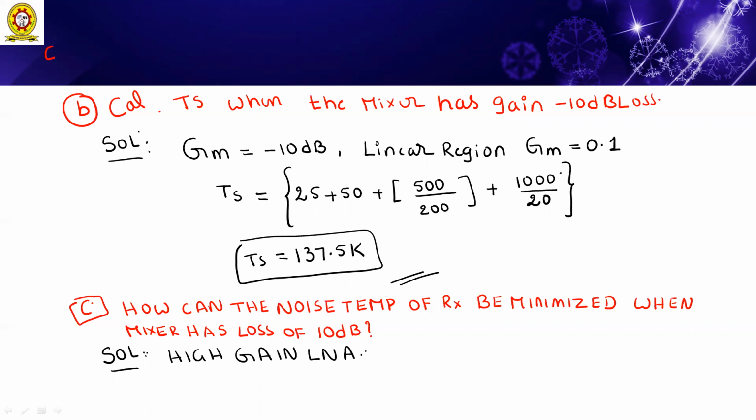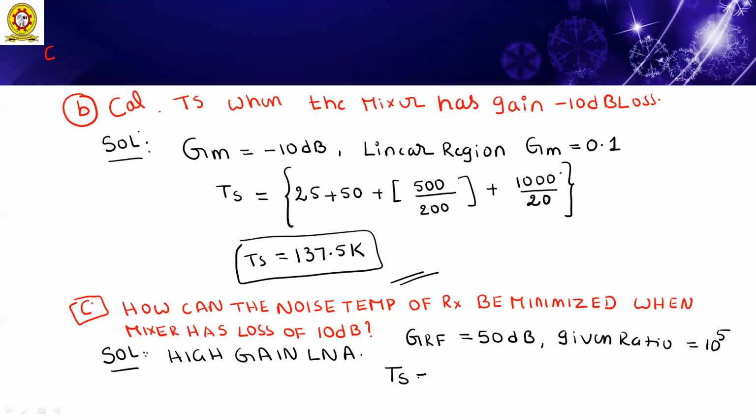Suppose we increase the LNA gain, what will be the revised gain? GRF equals 50 dB, so add extra for this one. And what is the ratio here? The ratio equals 10 power 5.